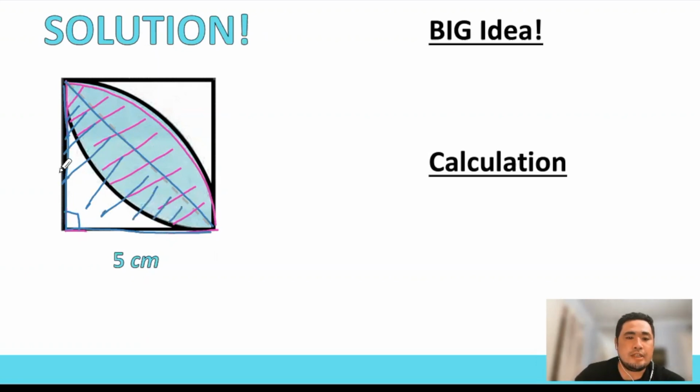If we can take the outside sector area and subtract it from the inside triangle, we would get the area of half of the football right here. And because it's half of the football, we can multiply it by 2 to get the entire area of the shaded region. So let's write down the big idea with a picture and also with a generic equation.